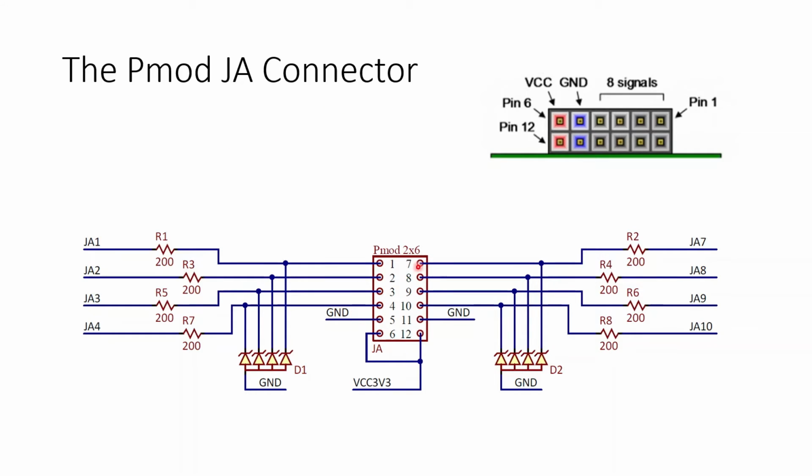In the PMOD JA connector, we have a few resistors for protecting it from short circuit, and a few Zener diodes for protecting it from high voltages. Say you supply more voltage than 3.3 volt, it will be pulled down. This is important to note while designing the PMOD interface.